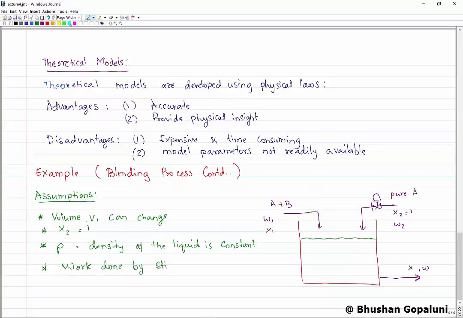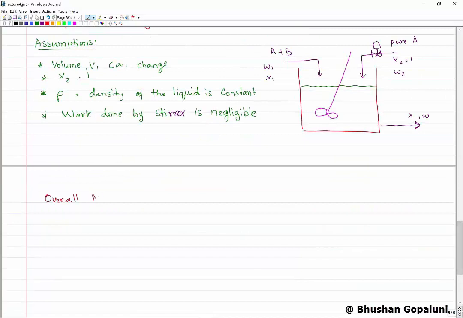So if you make the right engineering assumptions, you can simplify the models. In this case, let's assume that the volume is not constant and that the concentration of pure A is exactly equal to 1, that the density of the liquid is a constant, and the work done by the stirrer is negligible. These are rather straightforward and reasonable engineering assumptions to make.